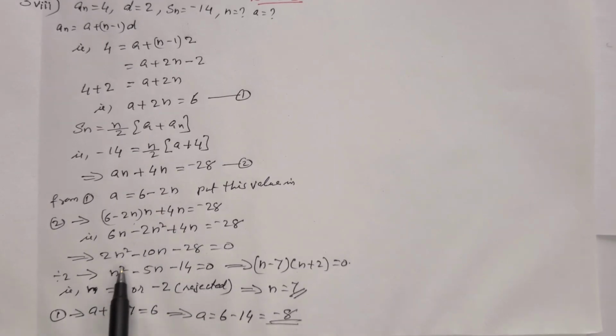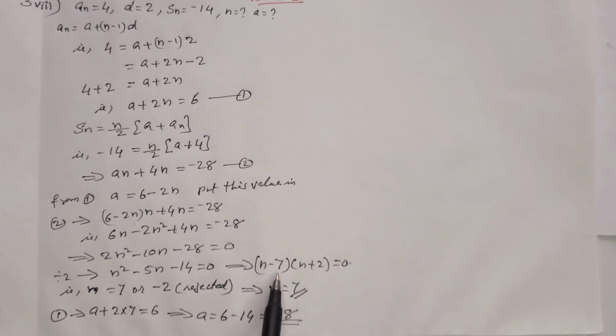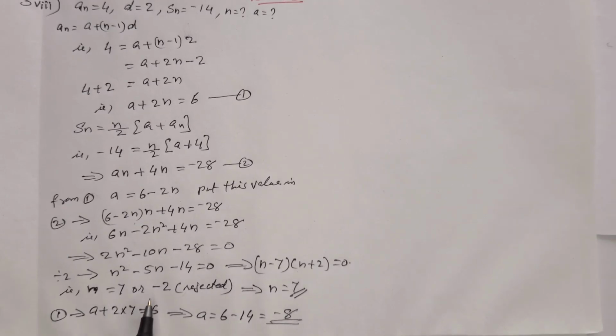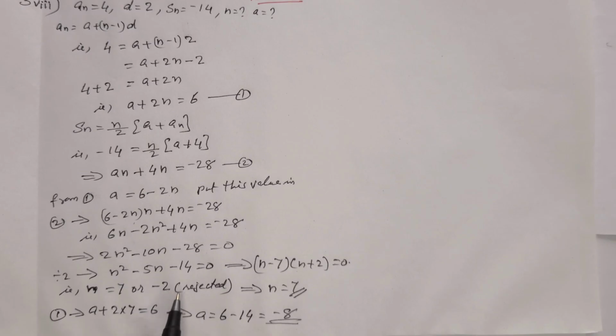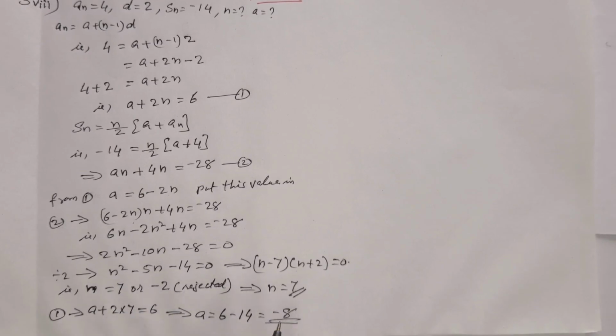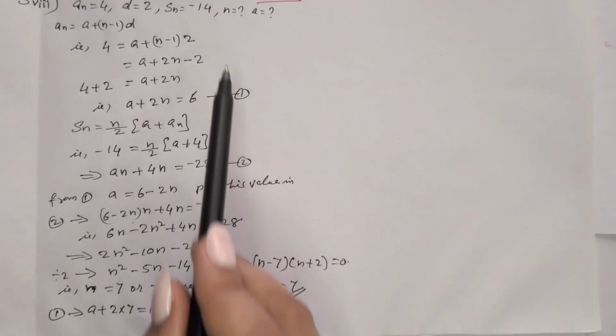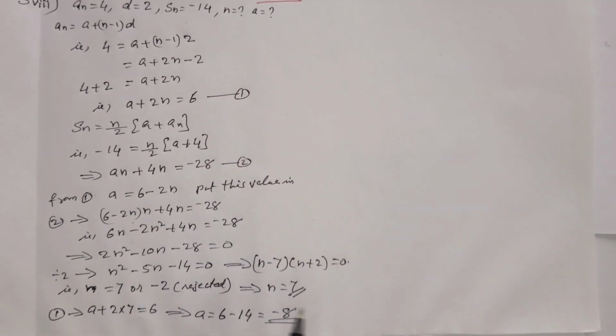Open the bracket and we get a quadratic equation. Solve that, and we get n minus 7 into n plus 2 is equal to 0. That means n is equal to 7 or minus 2. Minus 2 is rejected because the number of terms cannot be negative. Therefore n is equal to 7. So the number of terms is 7.